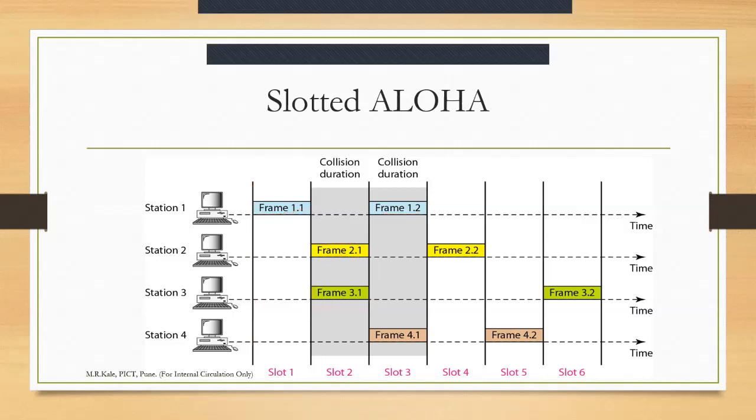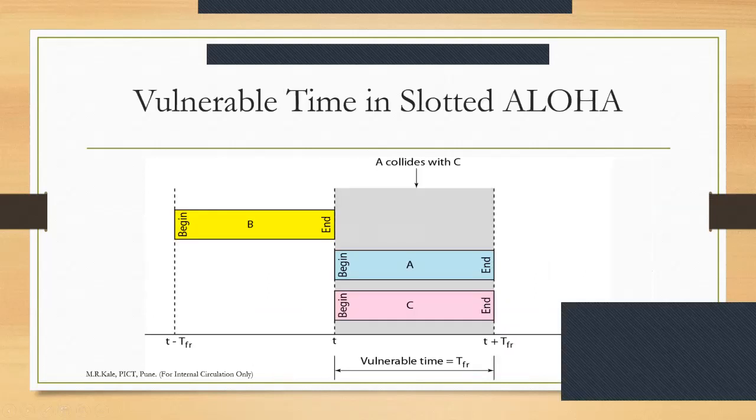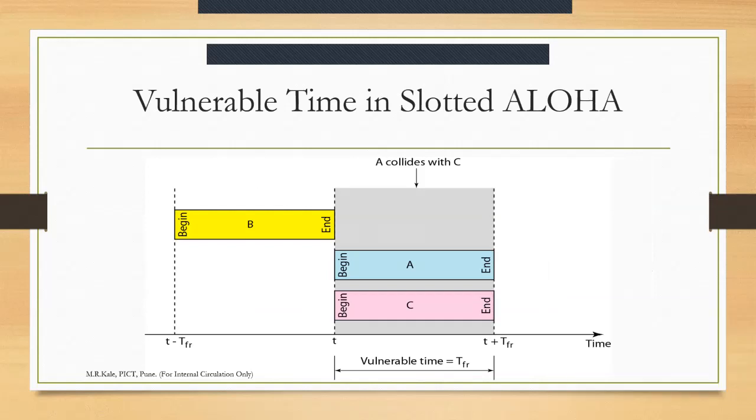I think you have got an idea why the vulnerable time is reduced. Here, the vulnerable time is exactly equal to TFR, because nobody is sending randomly in between at any time instant. They will be able to send the data only at the beginning of the time slot.